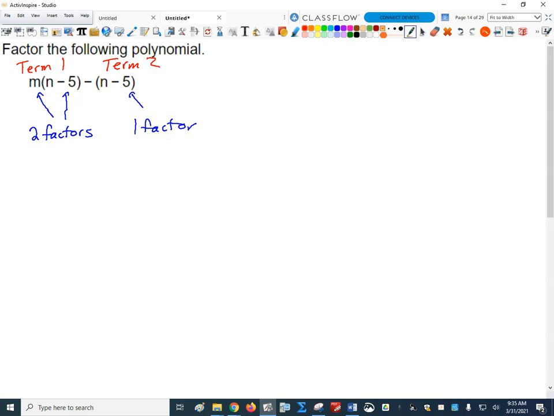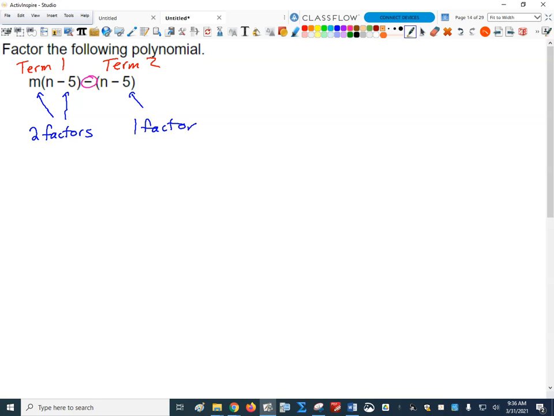The first term consists of two factors. The second term only has a single factor, right? But there's two big things. There is a minus sign there, but because it's inside a factor, we're not going to worry about that one for now. We've got these two big things that are being subtracted from one another, the first term minus the second term. Everybody see that?